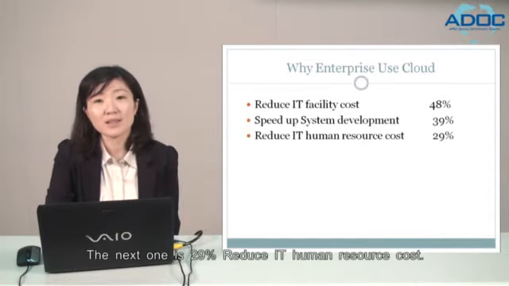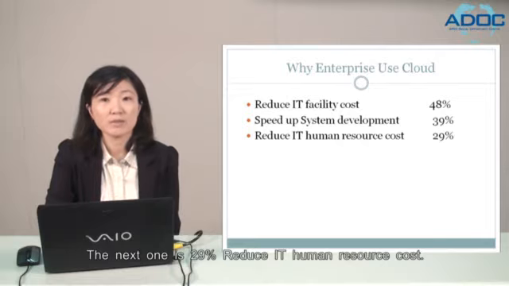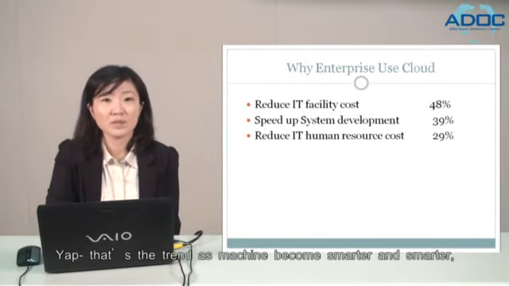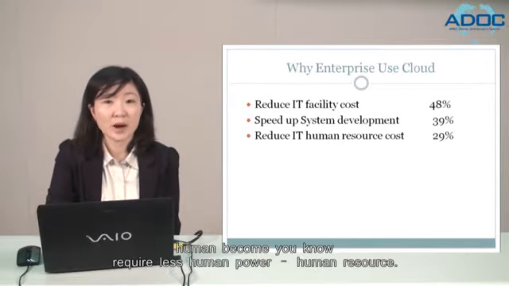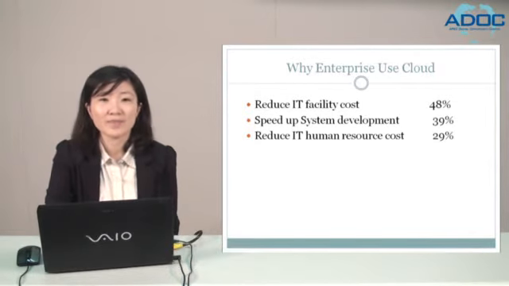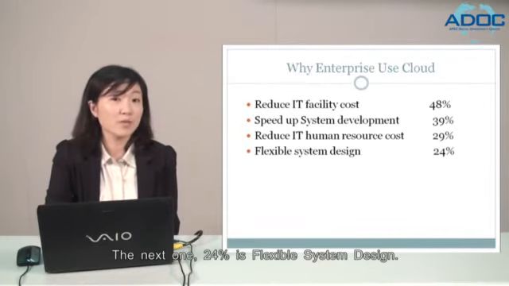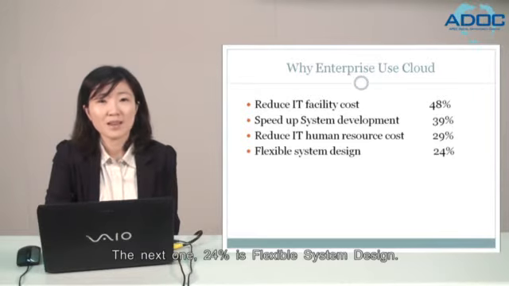The next one is 29%. Reduce IT human resource cost. Yeah, that's the trend. As machines become smarter and smarter, it requires less human power, human resource. The next one, 24%, is flexible system design.